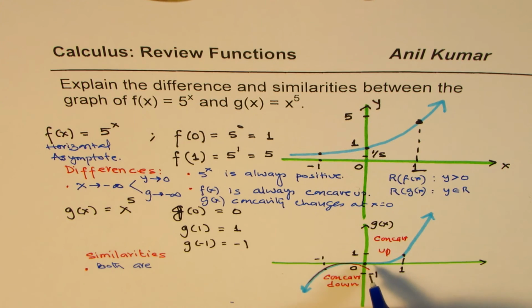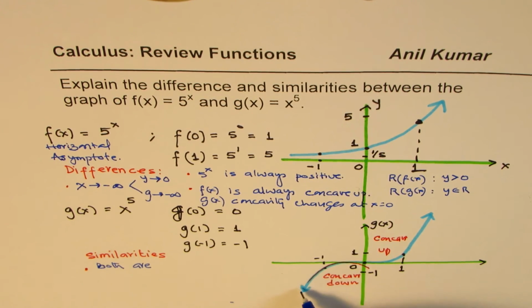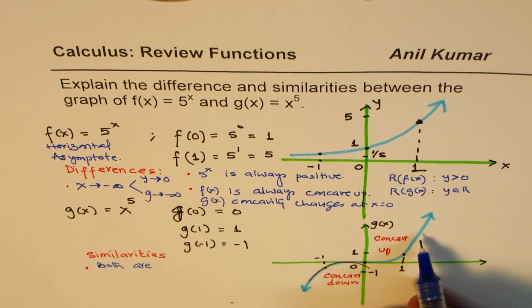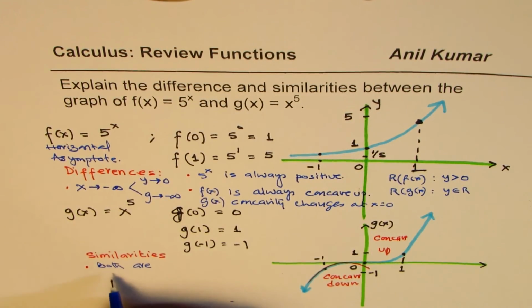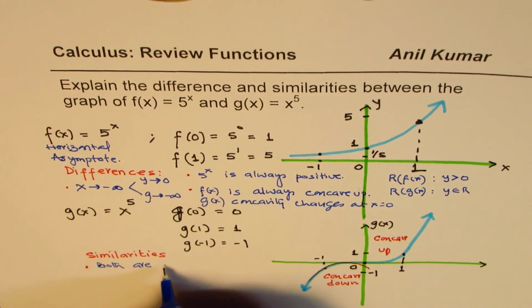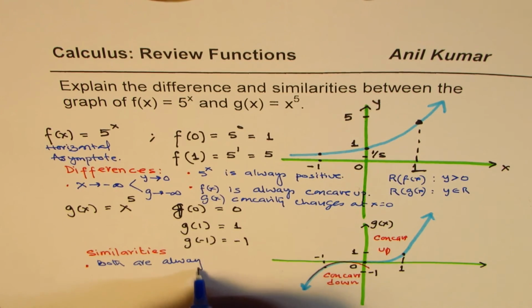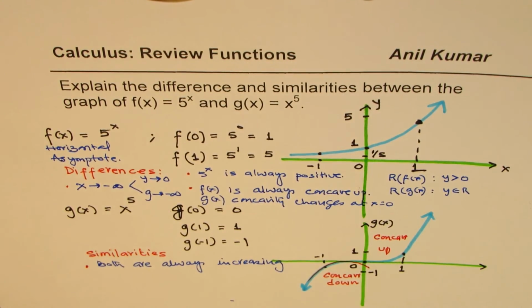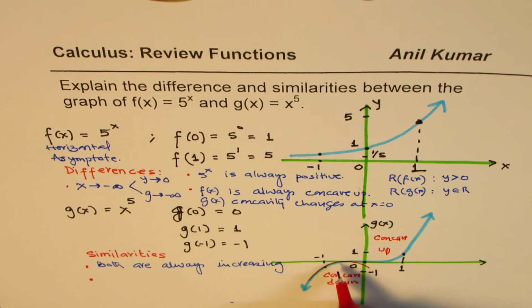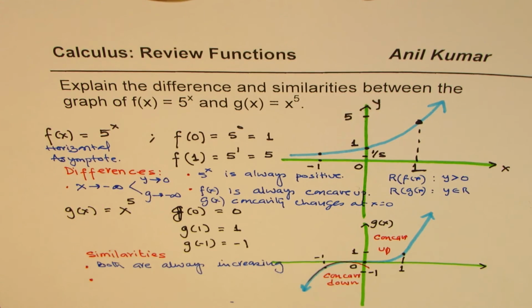Do you understand? Right? So basically you find that both functions are increasing since they do not have negative slope anywhere, right? So both are always increasing. So that is a huge similarity between these two, right? So if you draw a tangent line, it is never negative. Do you see that? So that is what I mean.